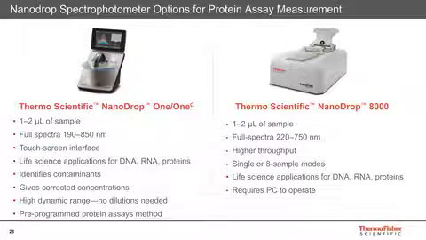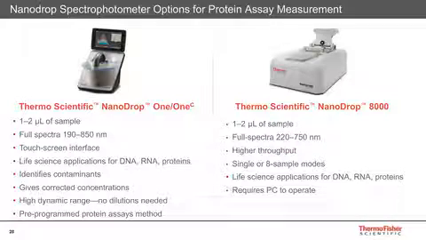We can use it for DNA, RNA, and proteins. It identifies contaminants and it gives corrected concentrations. As I mentioned, it's got a very high dynamic range and no dilutions are necessary. It's also got pre-programmed protein assay methods. I'll talk about that in the next slide.